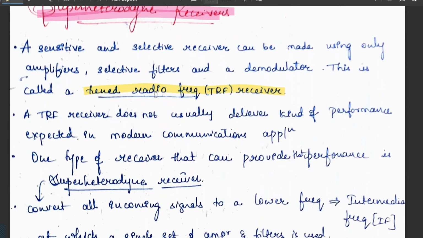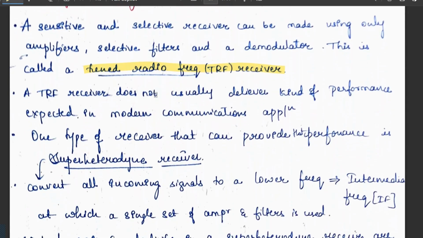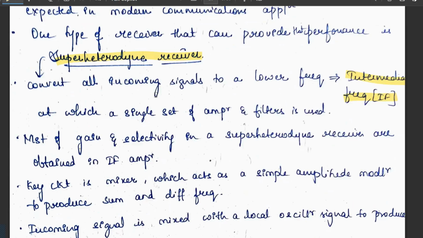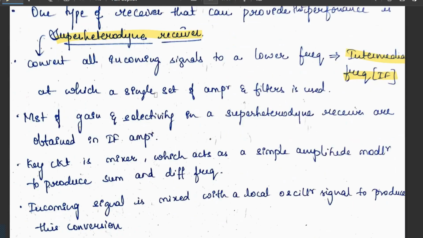It does not usually deliver the kind of performance expected in modern communication applications. One type of receiver that can provide that performance is the superheterodyne receiver, which converts all incoming signals to a lower frequency, or intermediate frequency, at which a single set of amplifiers and filters is used. Most of the gain and selectivity of this receiver are obtained by the IF amplifier.